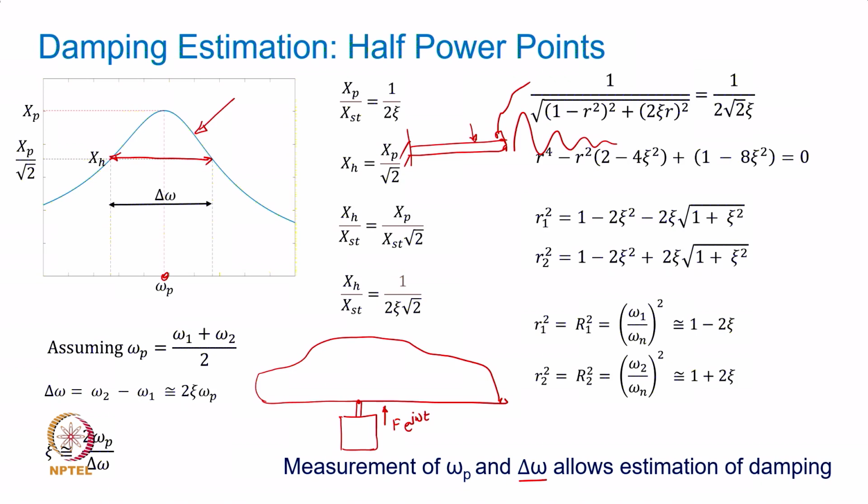So, there are a lot of pros and cons in these two alternate methods, one using logarithmic decrement and one using the half power point method, they do have their own pros and cons, and in different contexts either of these two methods can be quite useful.